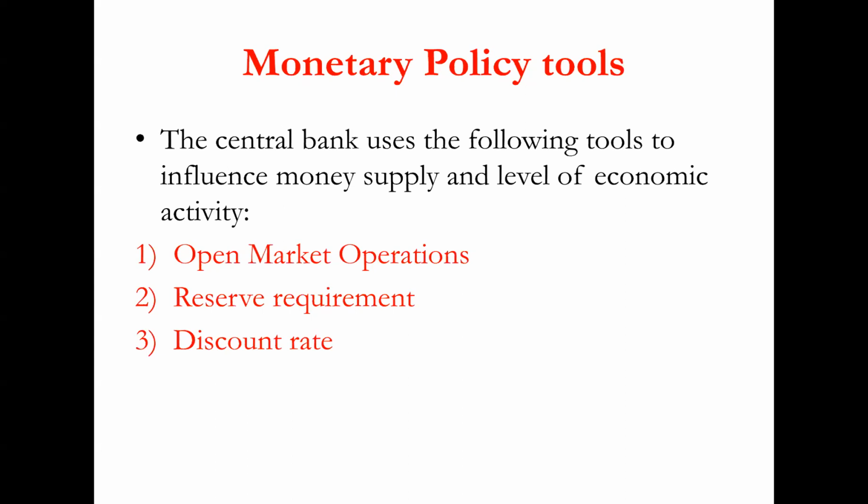Okay, yes, thank you. So what we mean when we say the central bank is the bankers bank is that it's the senior bank, the bank that controls all other banks, the commercial banks.